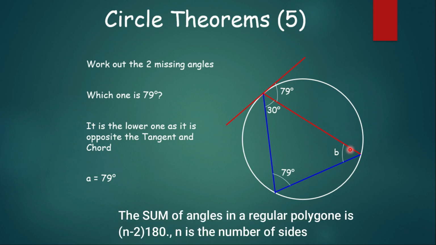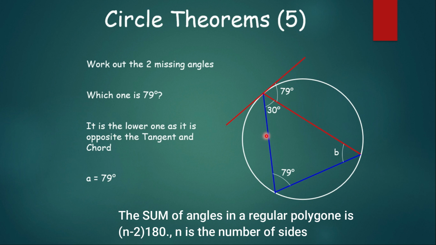It's n minus 2 multiplied by 180, where n is the number of sides. A triangle has 3 sides, so 3 minus 2 is 1, and 1 times 180 is 180. That's why the sum of all the angles inside a triangle is equal to 180 degrees.